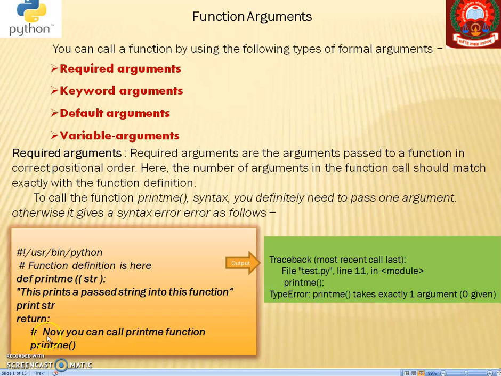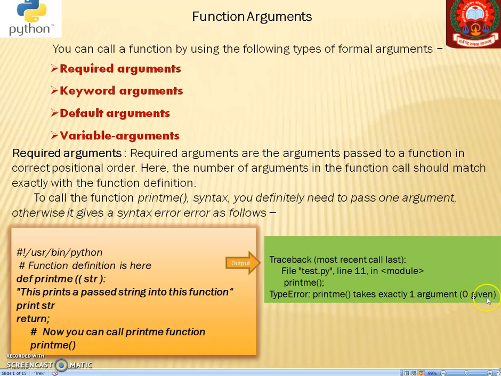But when you call the function, simply printme, without giving any arguments, the required argument should be there but you have not provided it, so after running this function it will give you the output: Traceback, most recent call last, file test.py, line 11, in module, printme, TypeError: printme takes exactly one argument, 0 given.